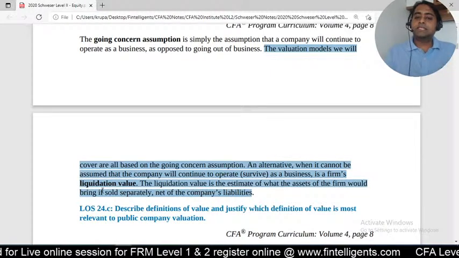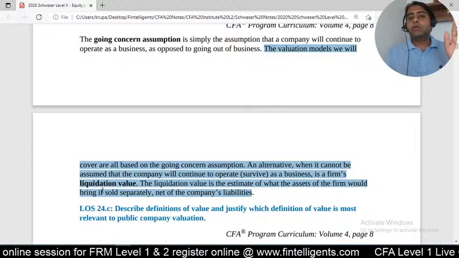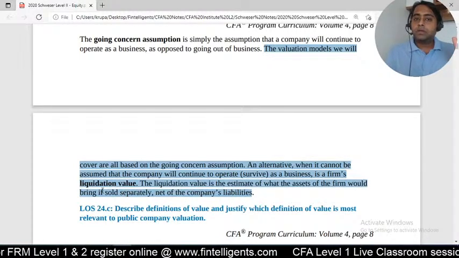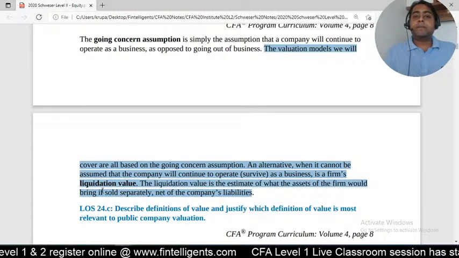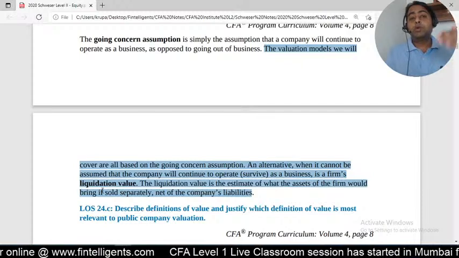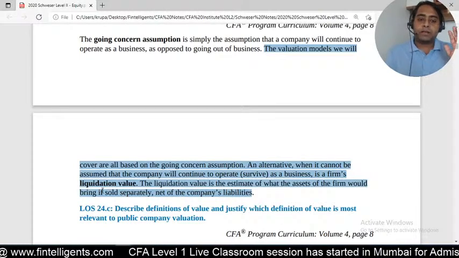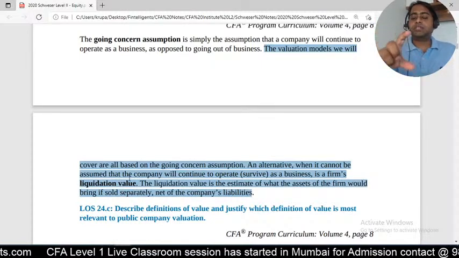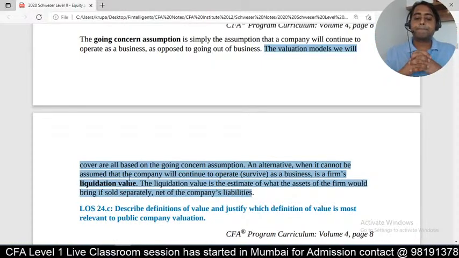This liquidation will only come when the company is about to be closed and you do not foresee it running in the future. That is why the liquidation value will be lower than the actual value in the market. So read this paragraph, the entire section highlighted on the screen.